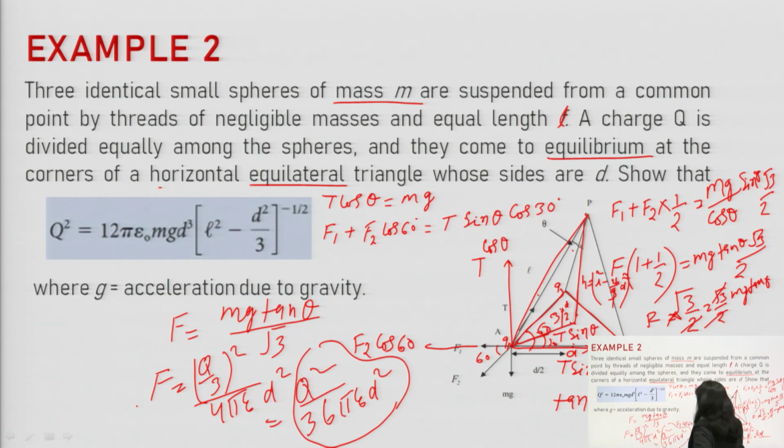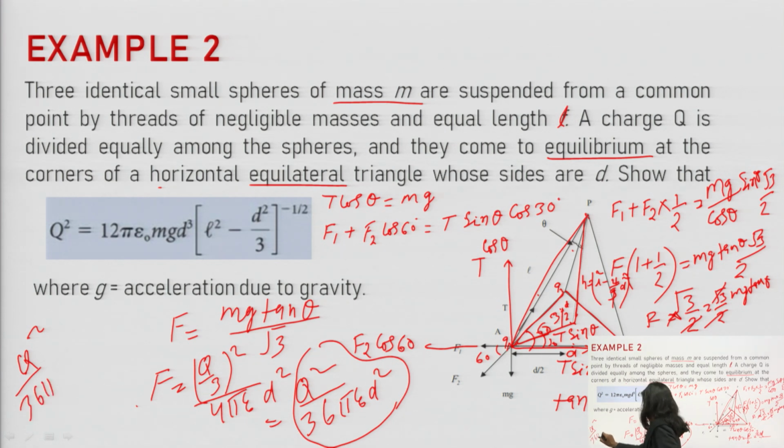How? Let us see. Now we have Q square by 36 pi epsilon D square equals mg by root 3 times tan theta.